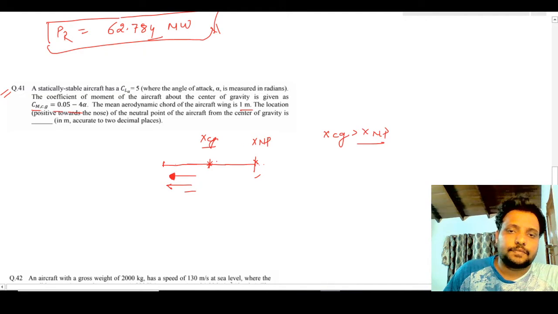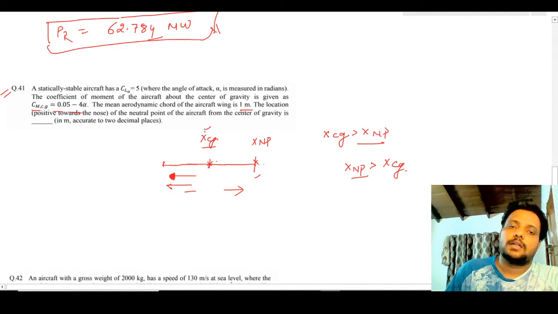But in normal cases, the sign convention is in this direction and the neutral point is always behind XCG. Here XCG is greater than this. If I measure from this point, this is XNP and this is XCG, so XCG is greater.